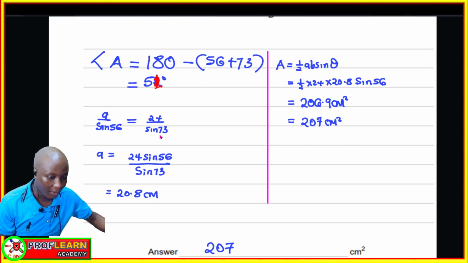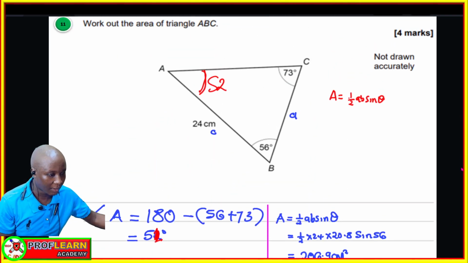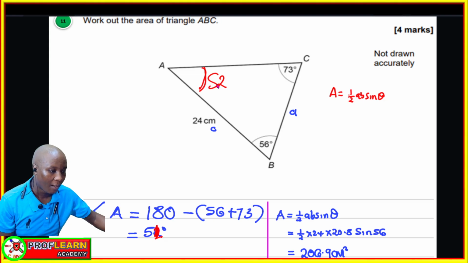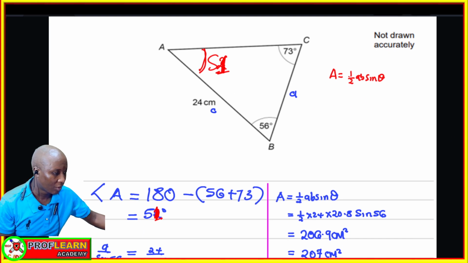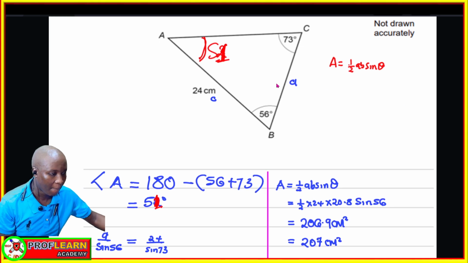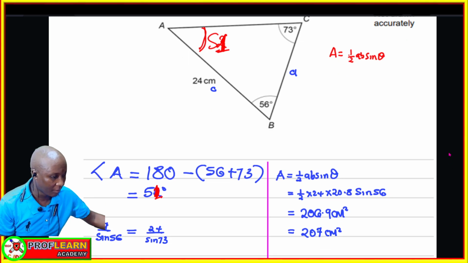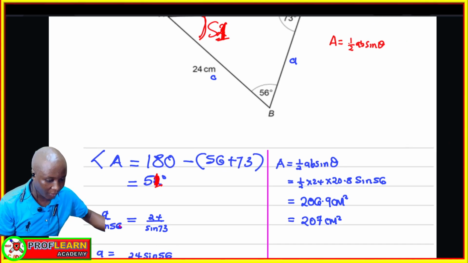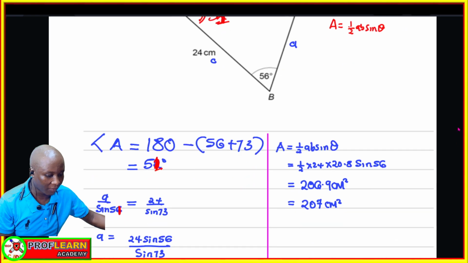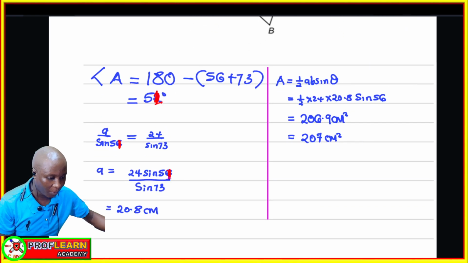And then whenever we are going to find the missing side, so we shall say this is 51 here. So if that is 51, we can say A over sine 51, I need to change that, is equals to 24 over sine 73. So I'll have to put here 51. Then I cancel that.